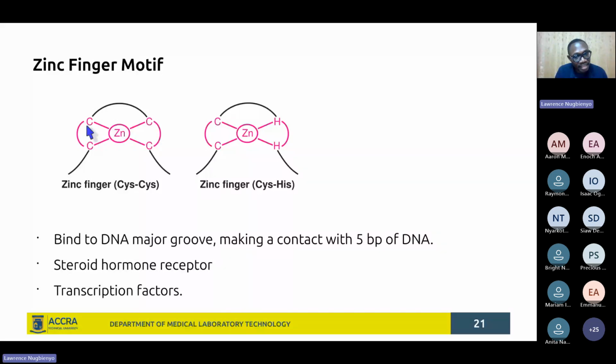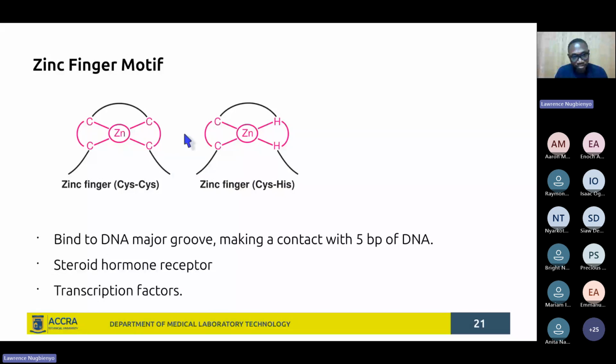You remember, cysteine is one of the amino acids with sulfur in it. And you also remember that when we were looking at the tertiary structure of proteins, one of the bonds in there was disulfide bridges. So here, what you see, C, and then there is a red arc, C, C, with a red arc around it. Those are disulfide bridges.